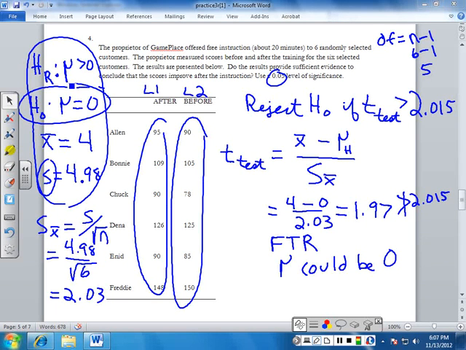You can also get a confidence interval. Okay, the confidence interval: stat, test, go down to t interval. And then just select t interval. It already should be referring to list 3. Let's say you want a 90% confidence interval.